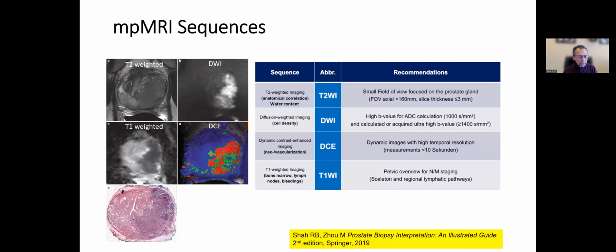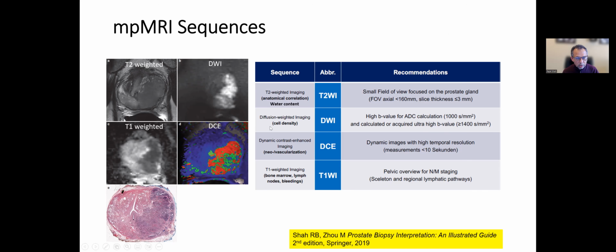So mpMRI has 4 sequences or 4 protocols. Number 1 is T2 weighted images, which looks at the water content. So it provides you superior anatomical clarity and detail, as shown here. This is one of the most commonly reported sequences.